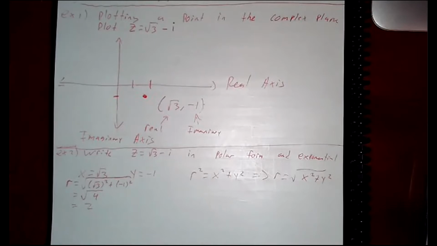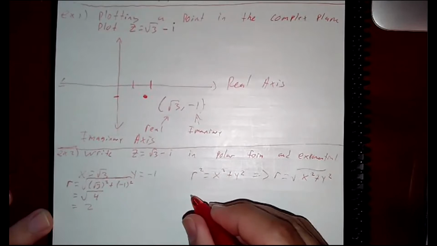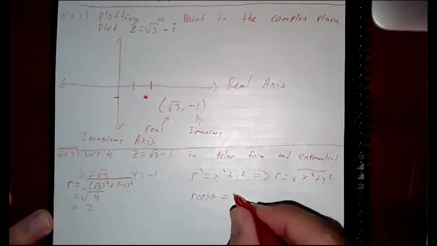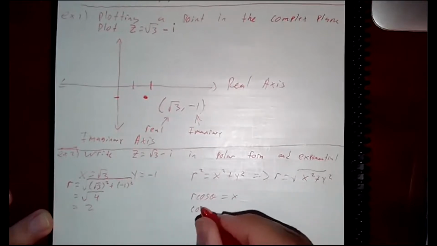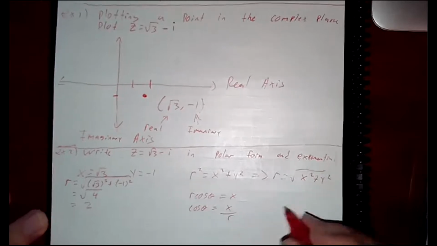And last time we talked about how r cosine theta was equal to x, which means that cosine theta is equal to x over r.